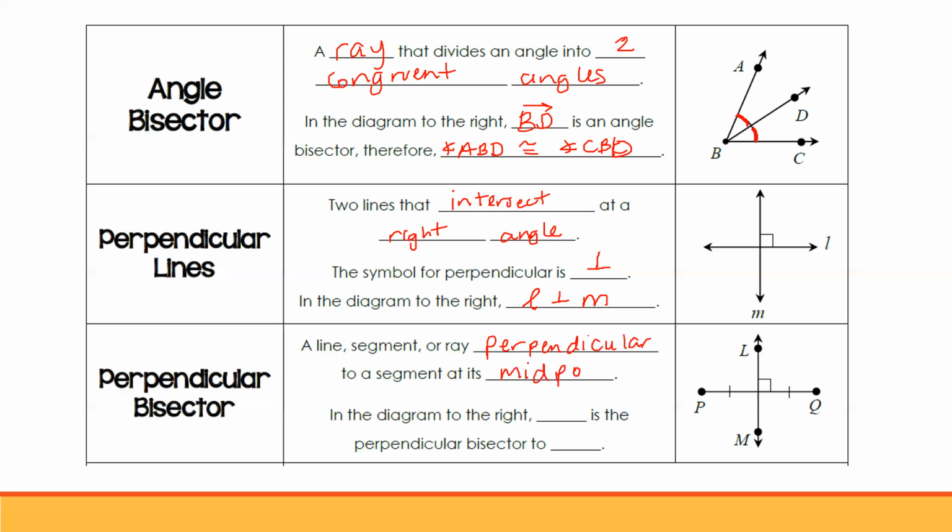That's where that bisector part comes from. That point in the middle, it's cutting PQ in half there. So in this diagram, line LM, that's the perpendicular bisector to segment PQ. LM is cutting PQ exactly in half, and it's forming a right angle, so it's a perpendicular bisector.